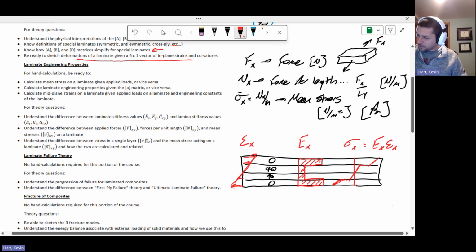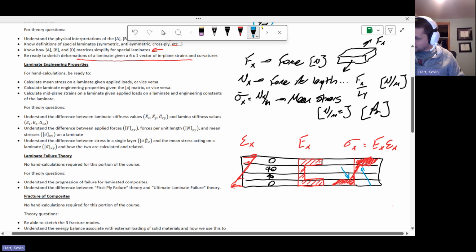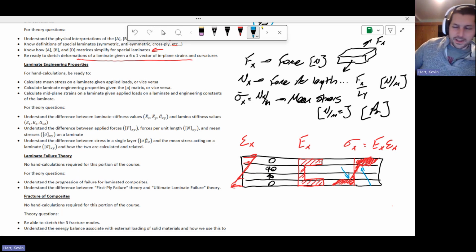And so you end up with a stress distribution that looks more like this. And there's this jump discontinuity at these layers, because you have the discontinuity in the elastic modulus as you go from one layer to the other.